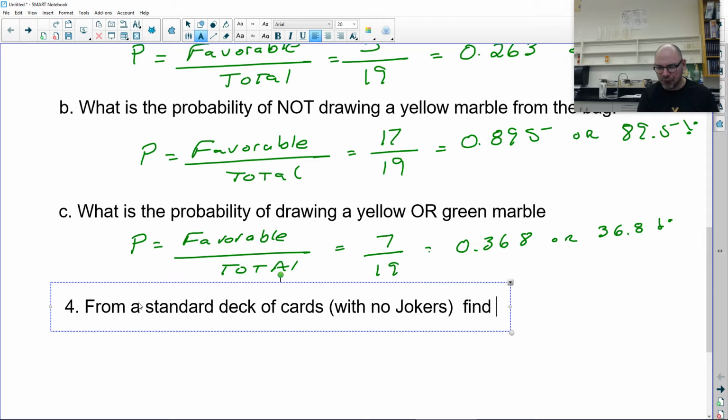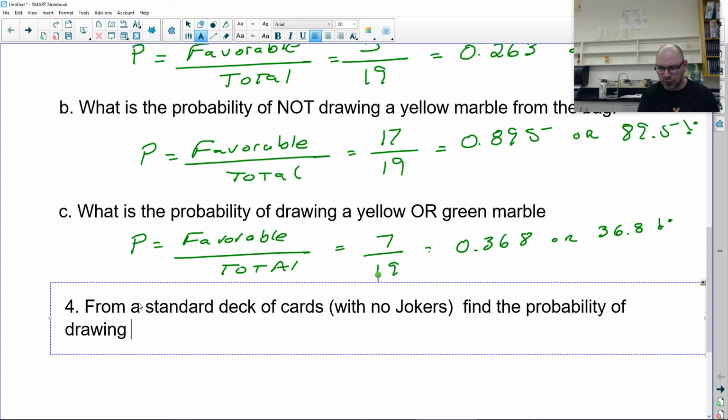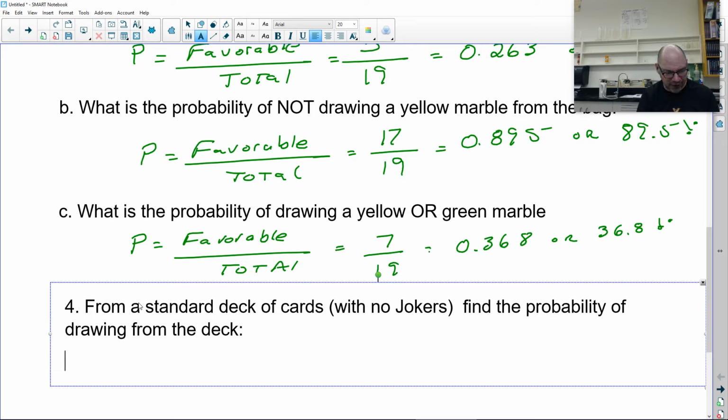Find the probability of drawing from the deck: A, an ace, and we'll just do them underneath.